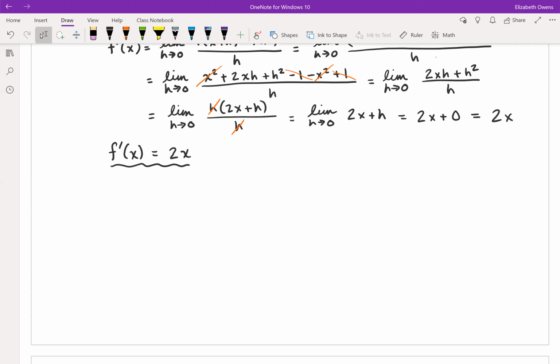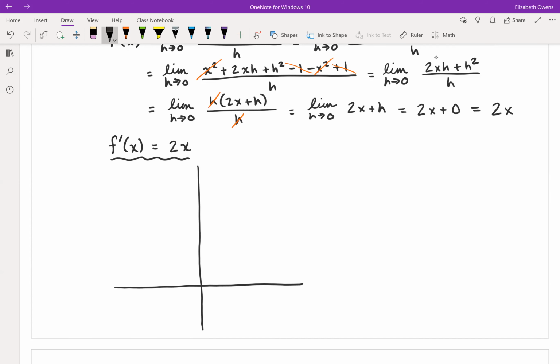So I'm just going to make a very quick little graph here of our function f of x and then our function f prime of x. Let's set up some axes. Bear with me as we draw this out. We're going to have the parabola and a line to look at here.